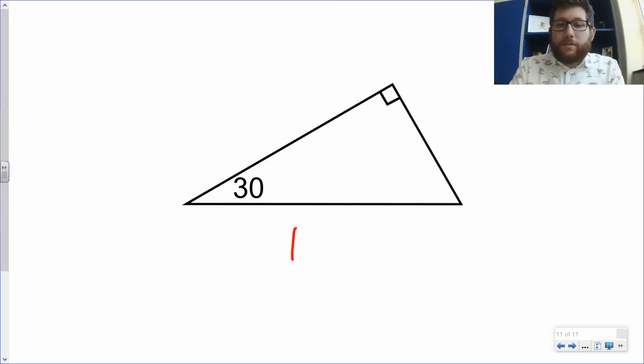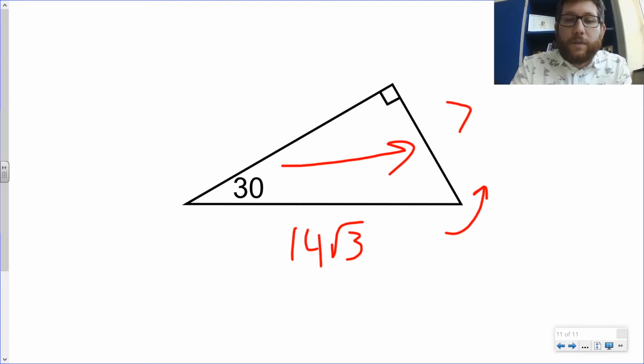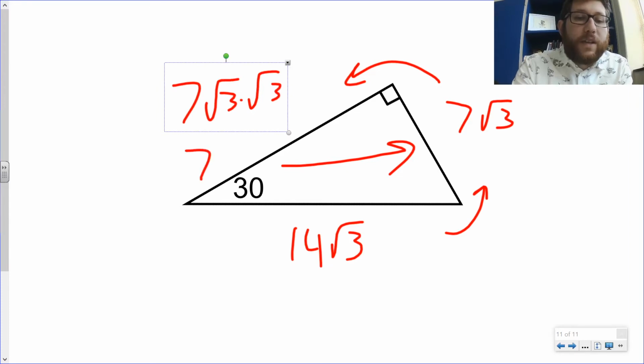Actually, sorry. Okay, last one, 14 root 3. Here we go. Real deal this time. All right, so again, I'm always going to get to my shortest side here. So this becomes 7 root 3, divided by 2. And then I'm going to go to my longest side here, or my longest leg, 7 root 3 times root 3, which actually becomes 7 times 3, or 21.